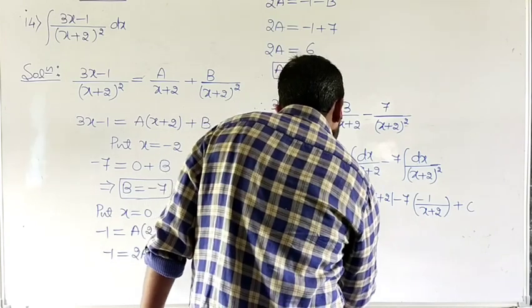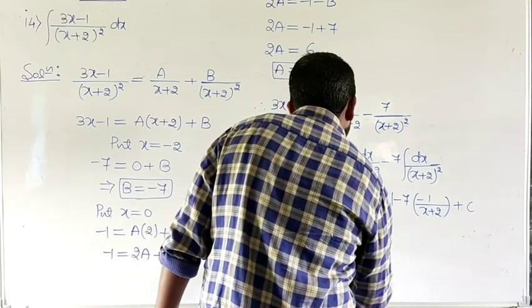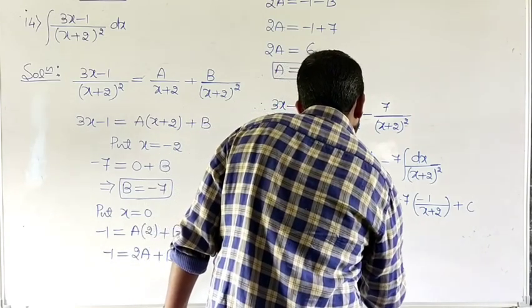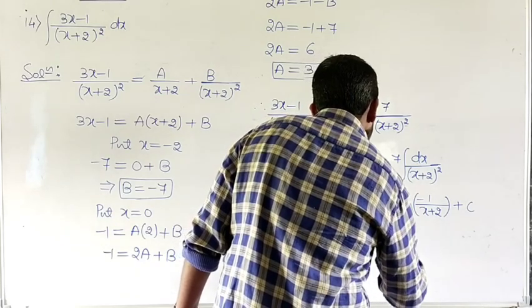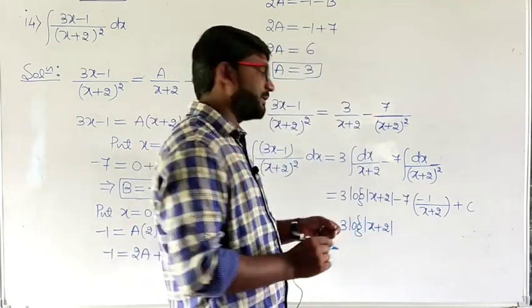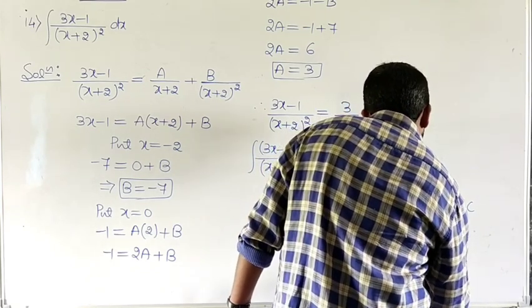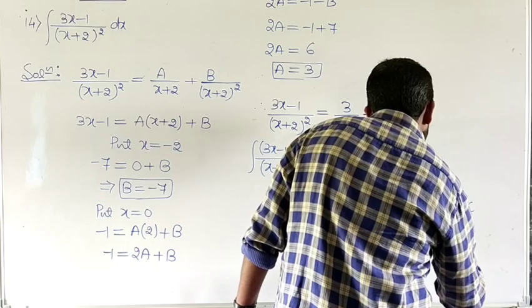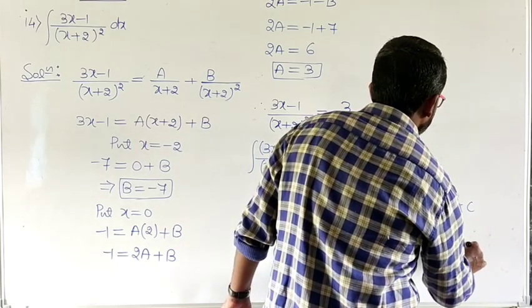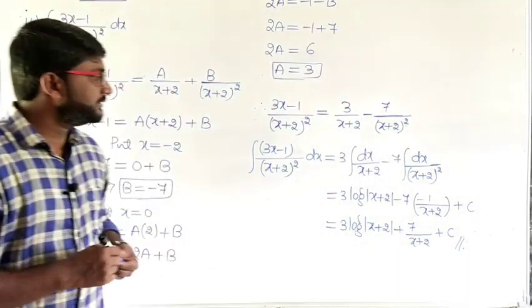In the next step we write the final answer: 3 times log mod (x plus 2), then minus into minus is plus 7 divided by (x plus 2), plus c. So this is the answer for the 14th problem.